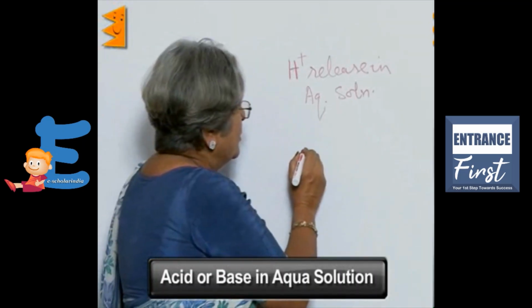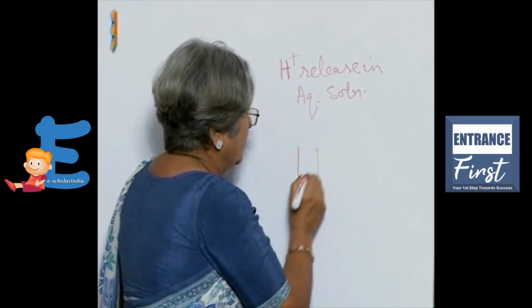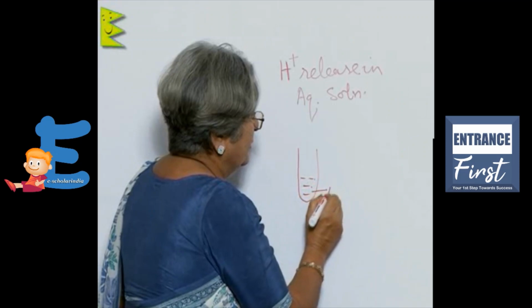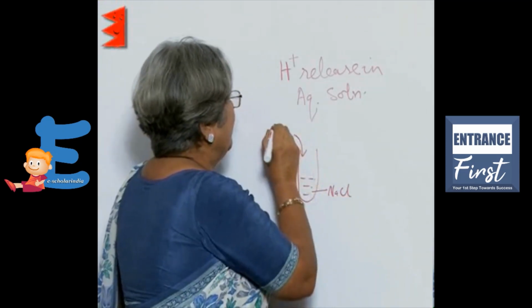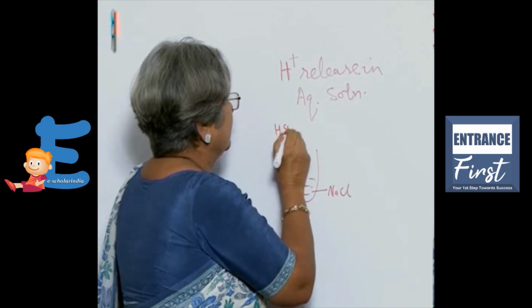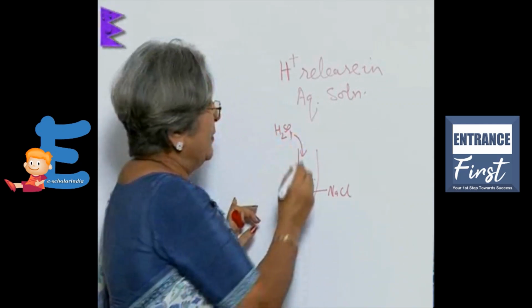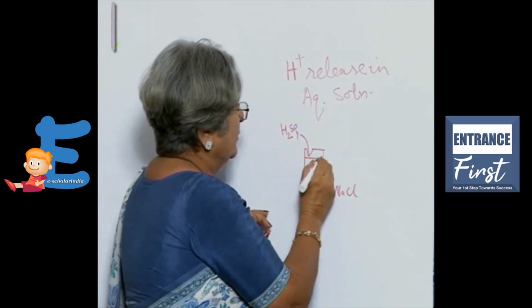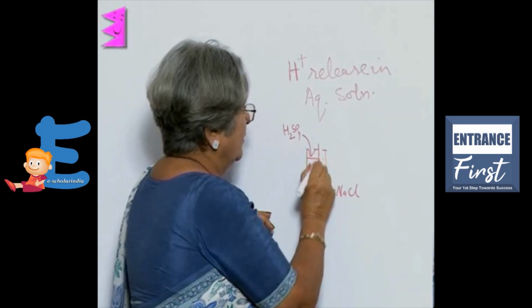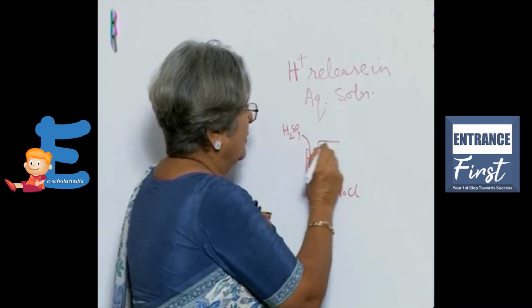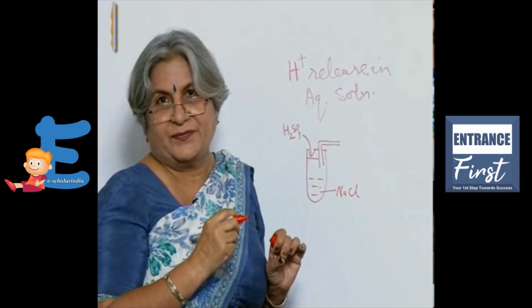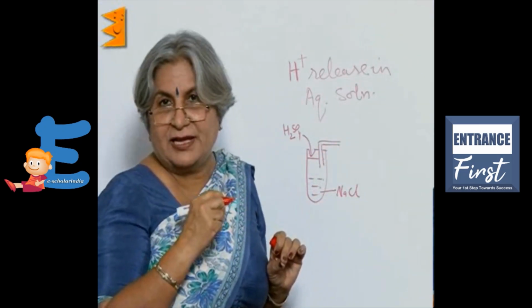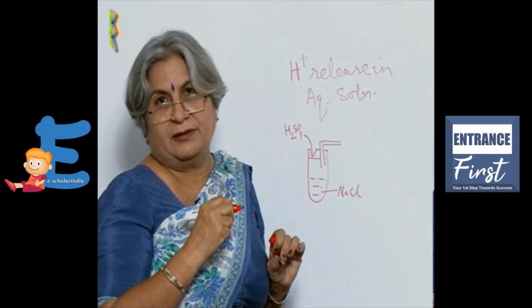If we take salt solution in a test tube and then pour sulfuric acid, a gas will be produced, and then we can try and test this gas. How will we test? With the help of a blue litmus paper.